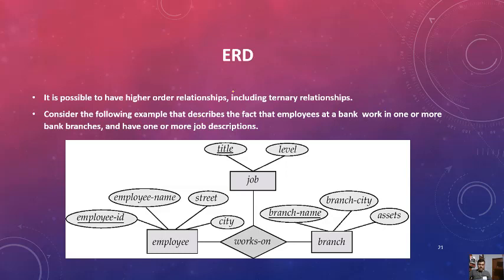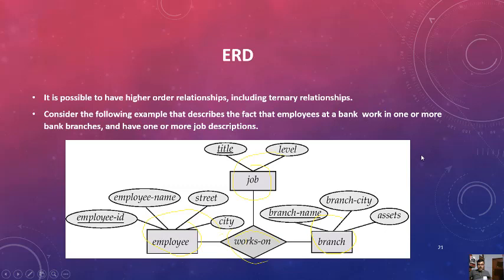Consider the following example, which describes the fact that an employee at a bank works in one or more bank branches and has one or more job descriptions. So here the employee has one or more job descriptions and one or more branches. Employee is related with the job and also with the branch.